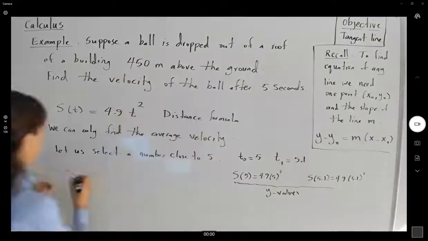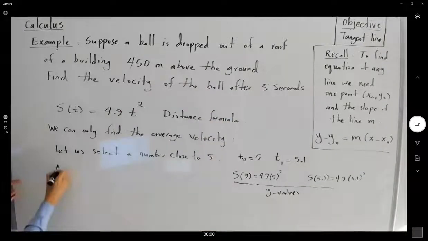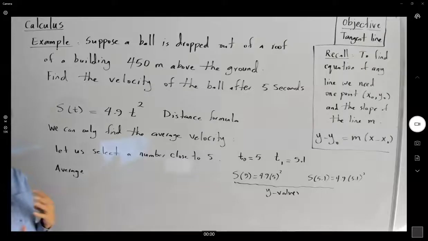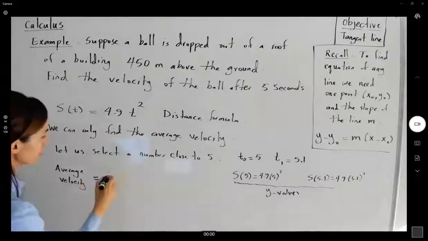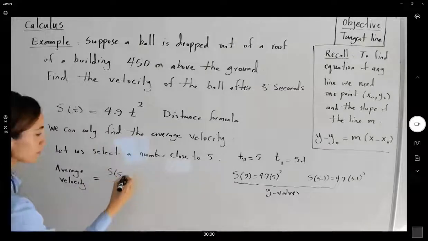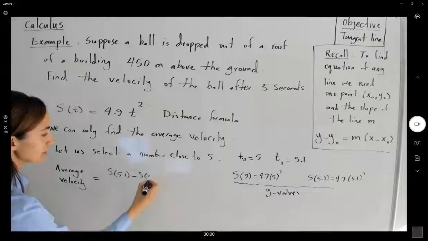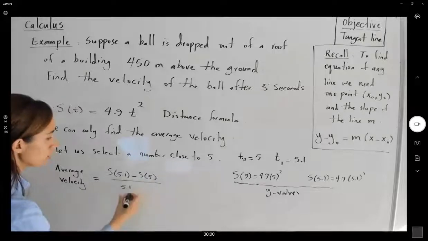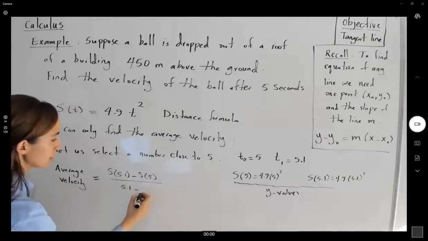So the average velocity, not the instantaneous velocity. It's like tangent line and secant line. The average velocity is equal to s of 5.1 minus s of 5 divided by 5.1 minus 5.